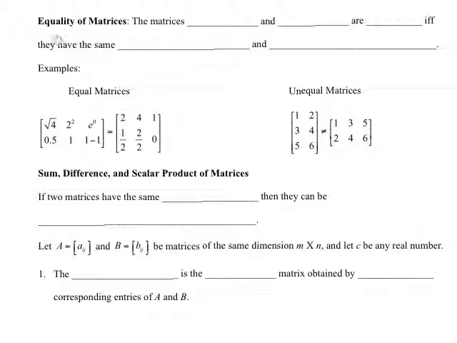We can also define equality of matrices. Basically, if I call one A and another one B, they are considered equal if and only if they have the same dimension and corresponding entries are equal.